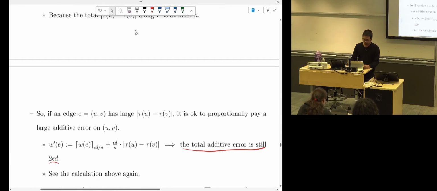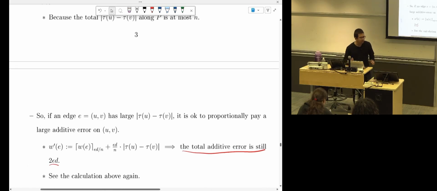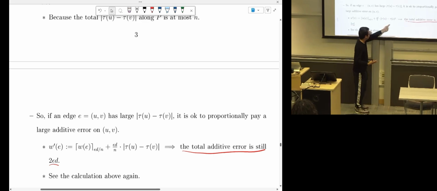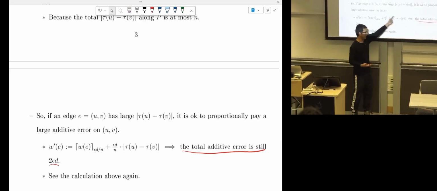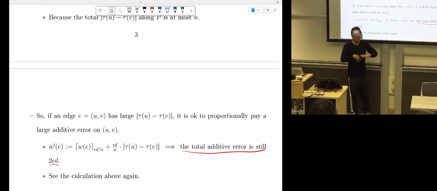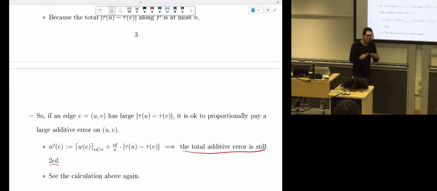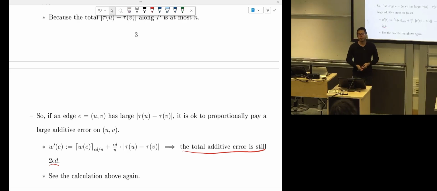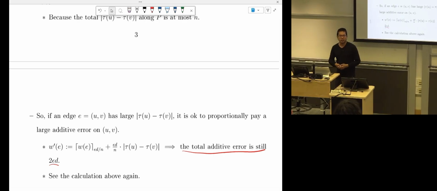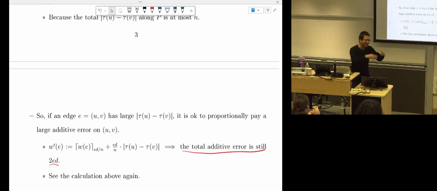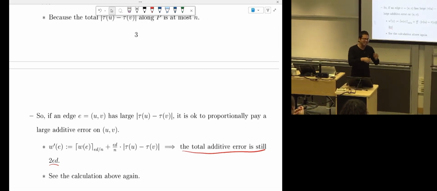But once we know that we can pay large additive error, which is basically to increase the weight, that's good for us, right? Because the larger the weight increase, the less often we can probe them. So that's the idea. We just try our best to increase the weight, as long as it doesn't make too much error.